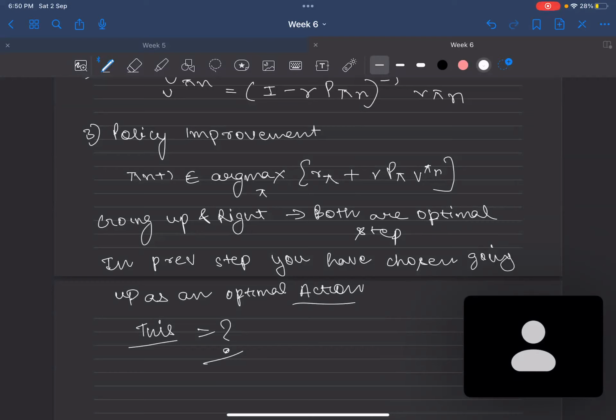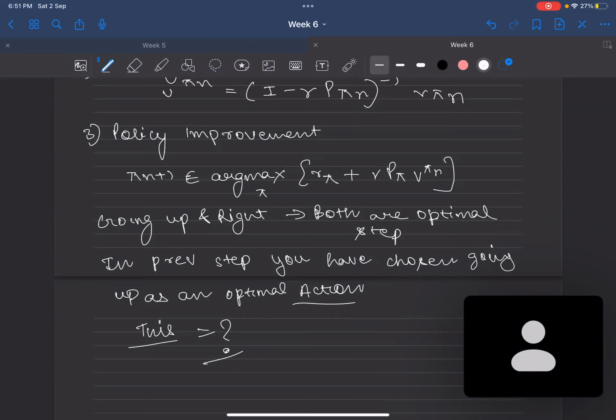So basically, whichever optimal action you have chosen in the previous step, it's better to choose that action only if you are getting the same options. Like in the previous step, suppose up was the optimal action. Now you are getting a choice between up and right, both are optimal actions. So it's better to choose the one which you had chosen previously.